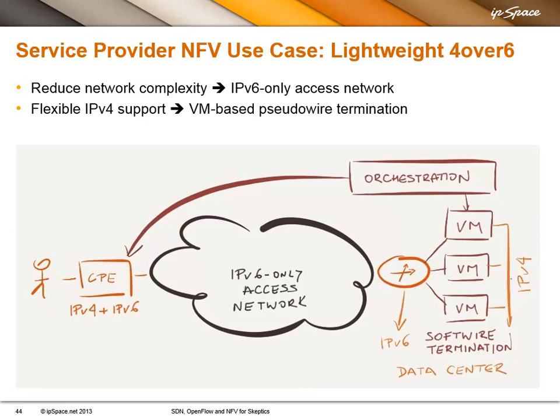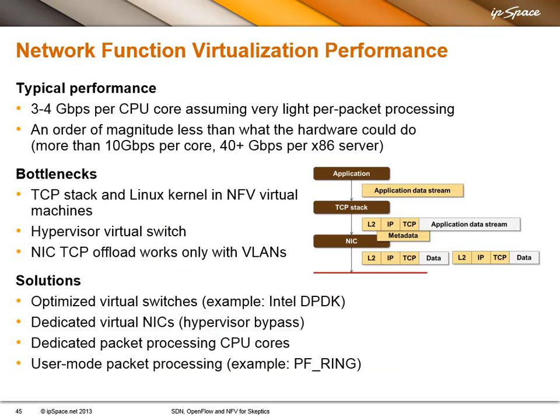Now, both use cases look like heavens on earth. You're old-time networkers, you know there must be a catch there. Catch number one is performance. Most of these appliances will give you approximately 3 to 4 gig per Xeon CPU core.